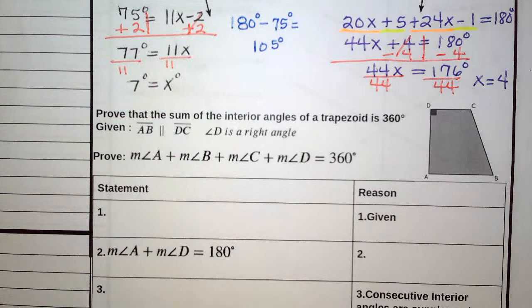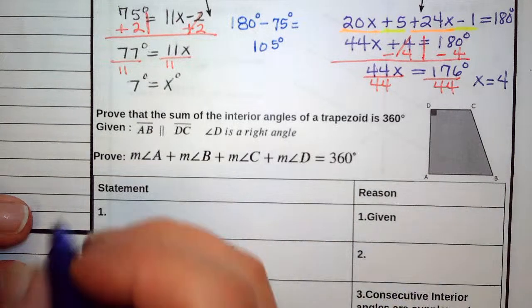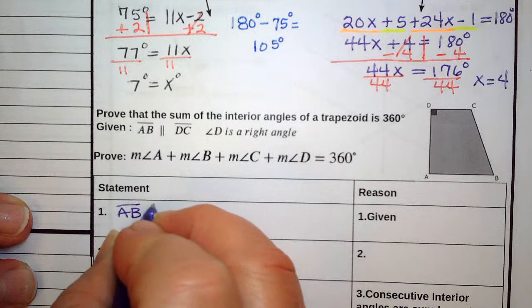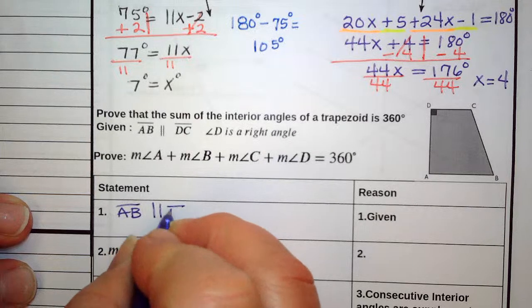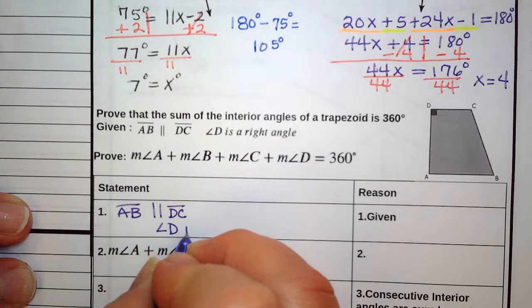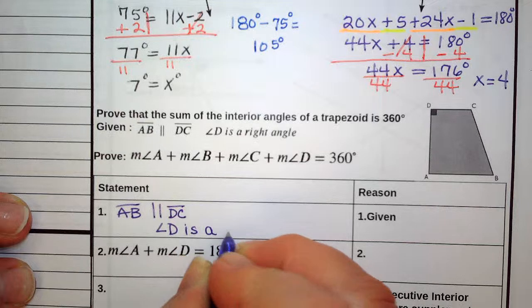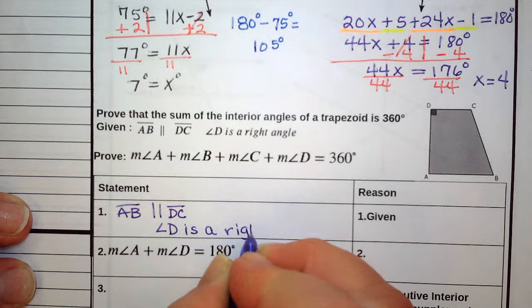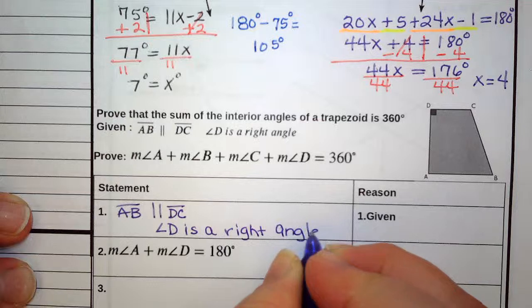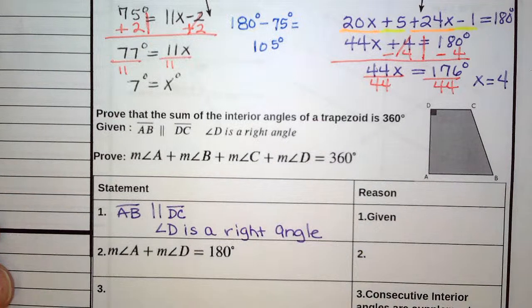99% of the time we start with, if you said the given, you would be correct. So segment AB is parallel to segment DC. Angle D is a right angle. Those are given.